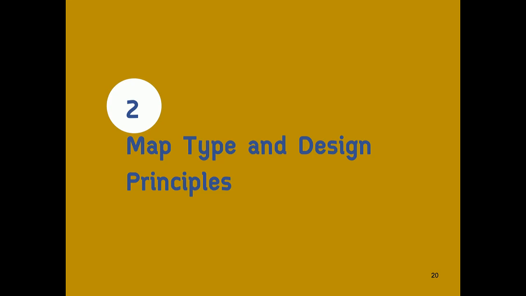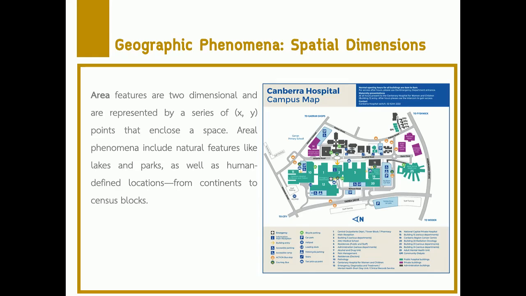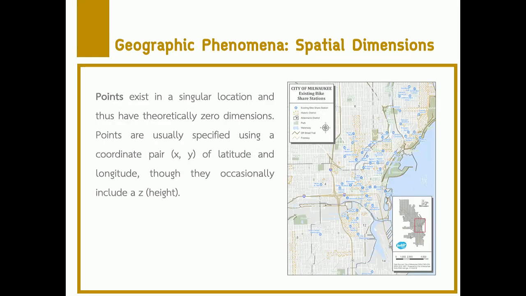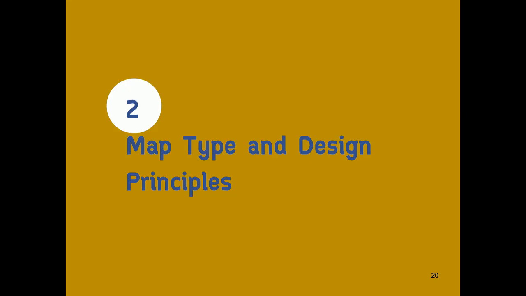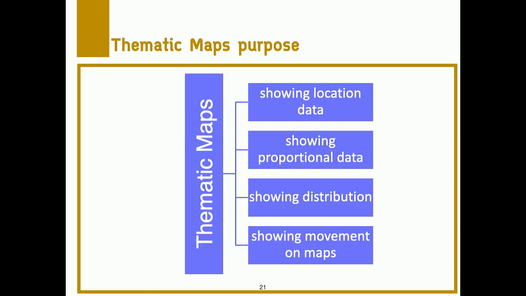So the map type. I think today we will finish quickly. For the map type and deciding the principles, you can know not only how to show all point, line, and polygon, there are so many types according to the thematic purpose. Right?